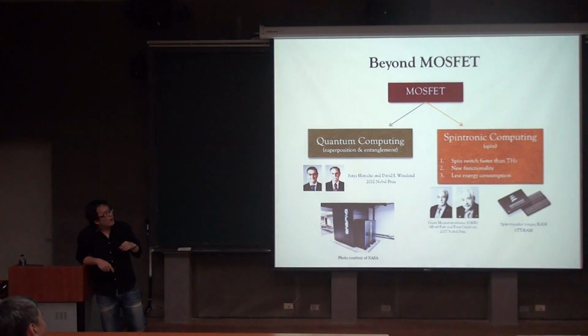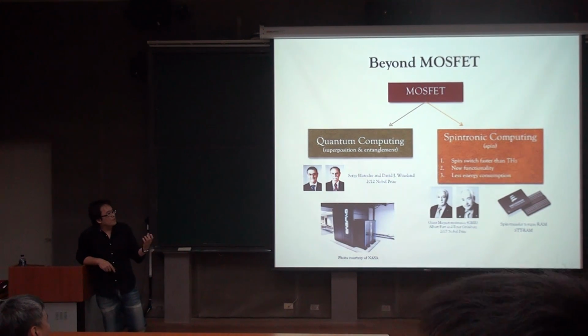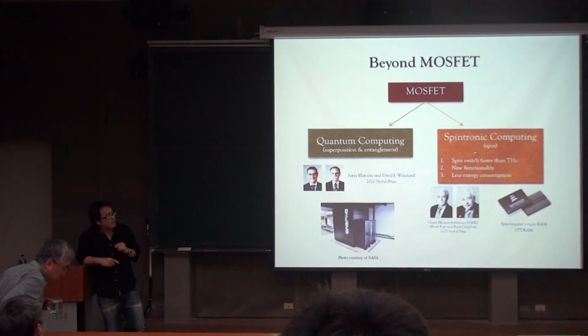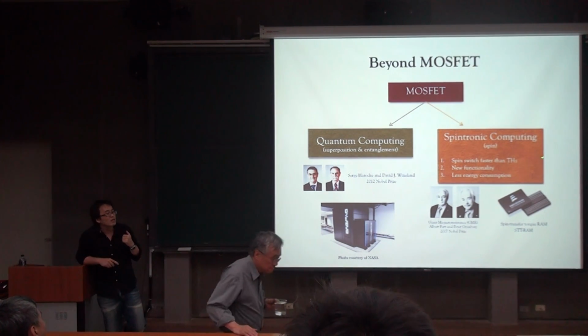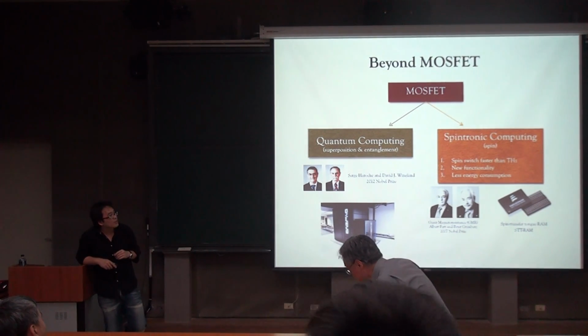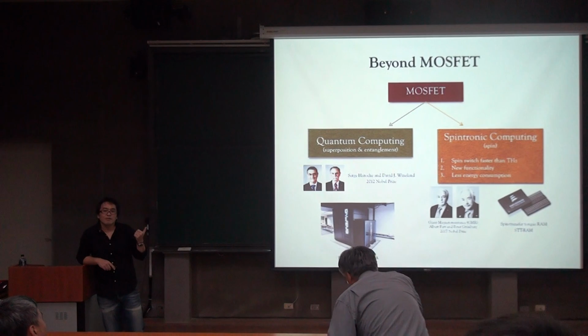The other method is probably called spintronic computing. They use the spin, which is also a quantum number, but we do not use the superposition and entanglement of the wave function. We only use the spin.